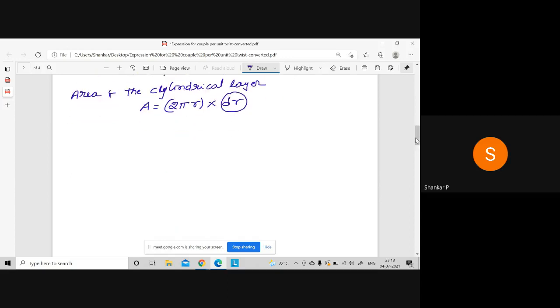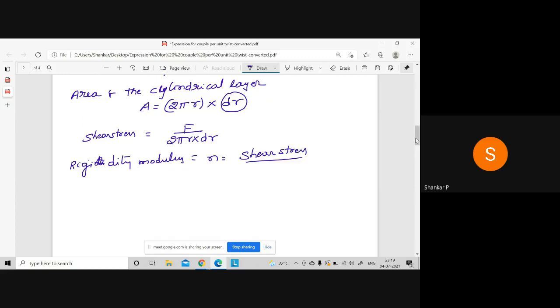So now using this we can write shear stress as force by 2 pi r into dr. Now we know shear strain and shear stress, from which we can evaluate the rigidity modulus, which is given by n is equal to shear stress by shear strain.